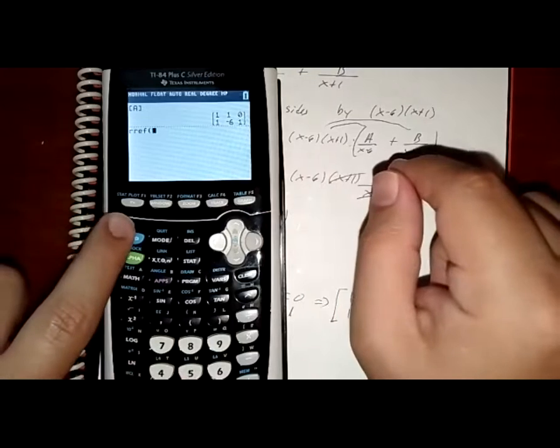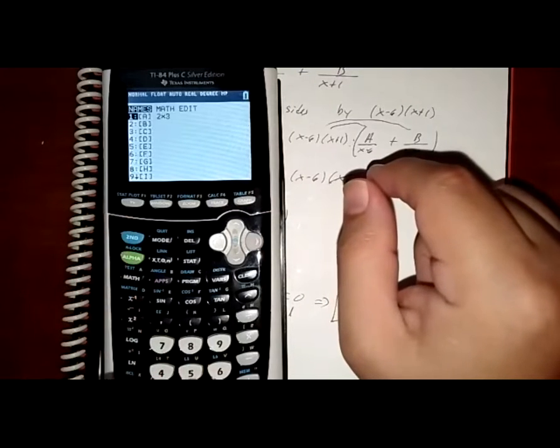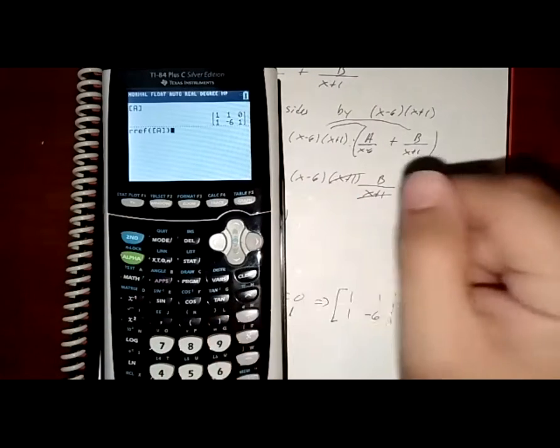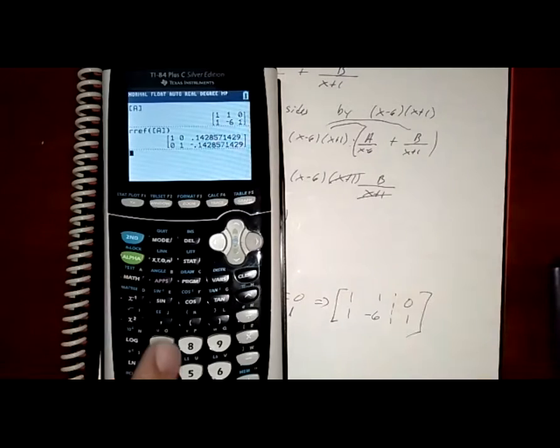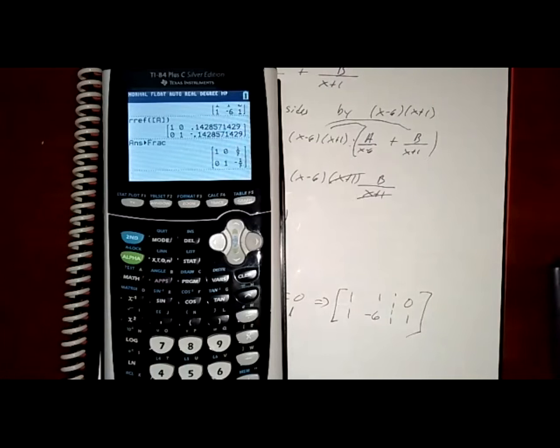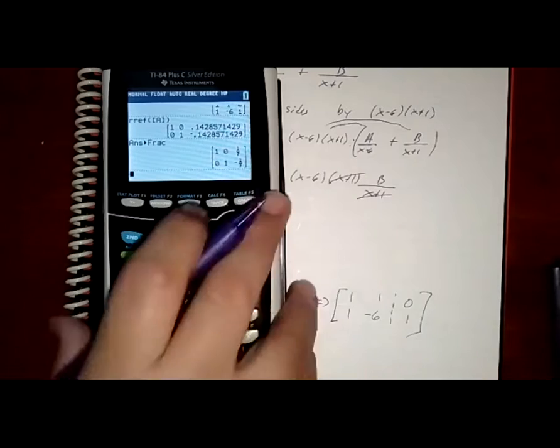And then go back to the matrix menu and press enter on the A to solve it. So there is my solution. They are not pretty answers, sadly. It's 1/7 and -1/7.